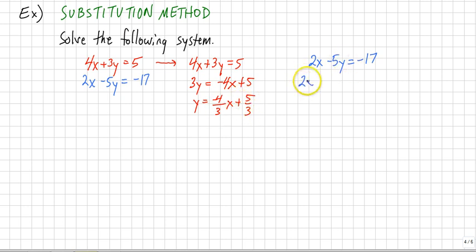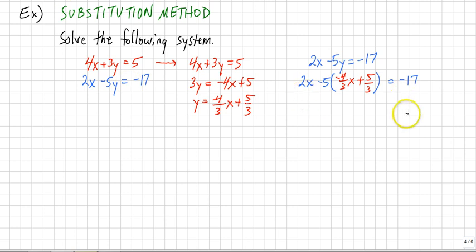So I'd have 2x minus 5, and then for y, I'm going to plug in negative 4/3 x plus 5/3, and then equals negative 17. So that's the substitution part. This top equation, the one in red, I solved it for y, and then I plugged that in for y on the second equation, the blue one.